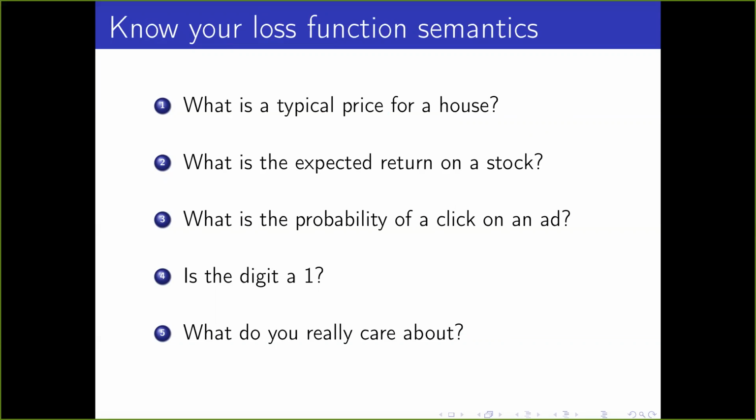So there's a bunch of questions you can try to answer with data. Back when I was trying to buy a house, I was trying to figure out what a typical price for a house was. What is the expected return on a stock? What is the probability to click on an ad? Is the digit a 1? So for the first question, what is the typical price of a house?